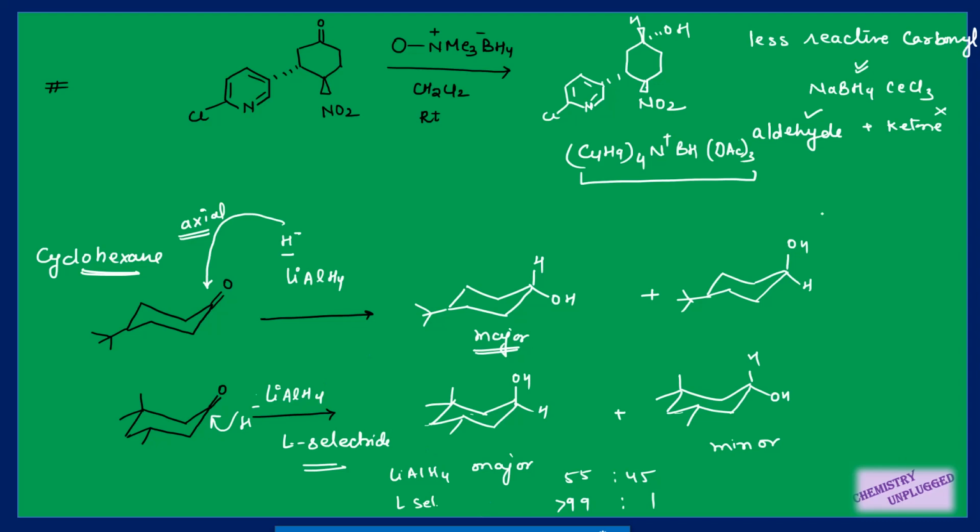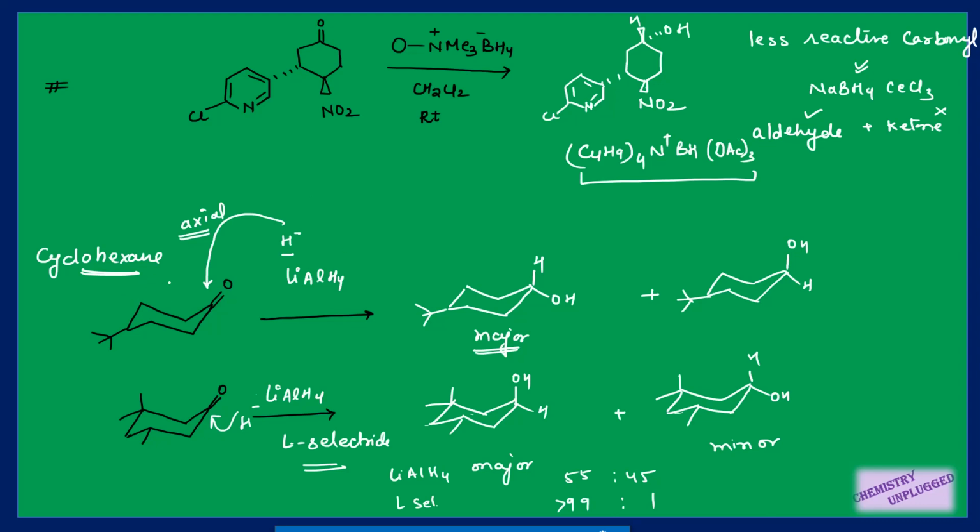So you can use this one. So this is the case when I am using hydride derivatives. So always remember that whenever I have this hydride derivative, then hydride H minus tries to attach from the axial side, unless we have methyl group present at axial position.